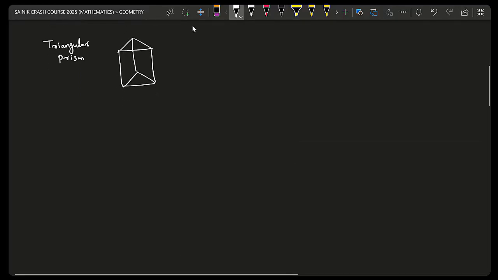So let's write vertices here, and let's write curved faces, flat faces, curved edges, and straight edges. The number of vertices of the triangular prism is 6. See, 1, 2, 3, 4, 5, 6. So there are 6 vertices for a triangular prism.